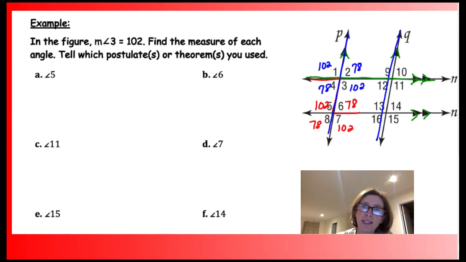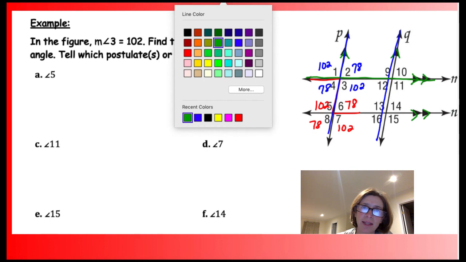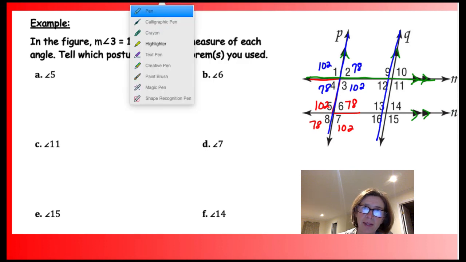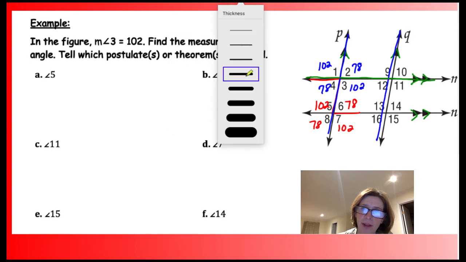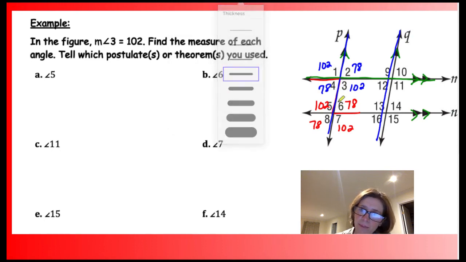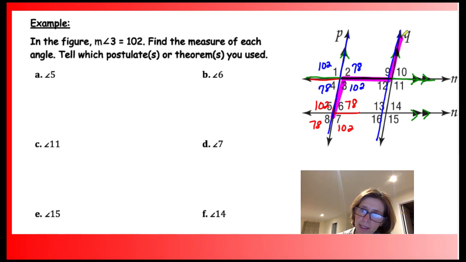So if I look for the Z sideways, let me get a highlighter. And I'll look for purple, and I want to make it a little thinner. If I look this way, you can see the Z there. So that angle 3 would have to be congruent to angle 9 because they're alternate interior angles. 2 and 10 are corresponding angles.